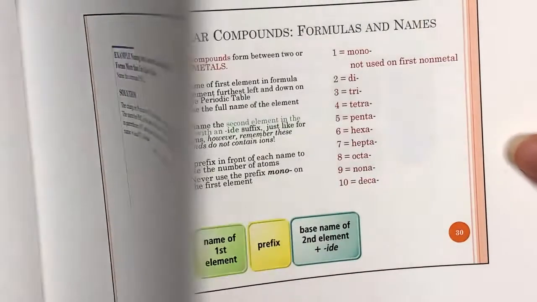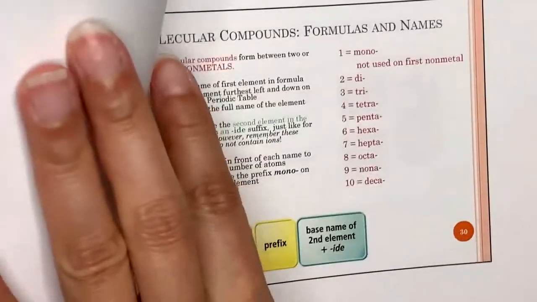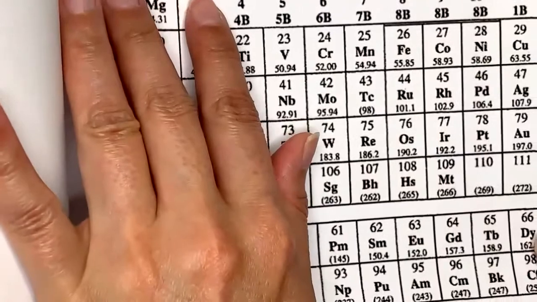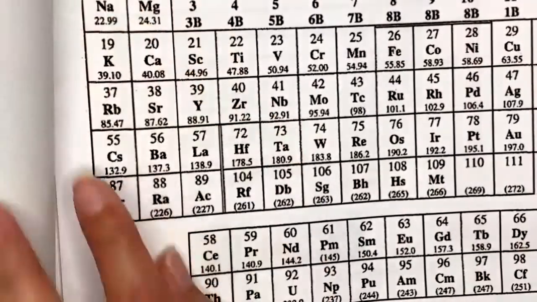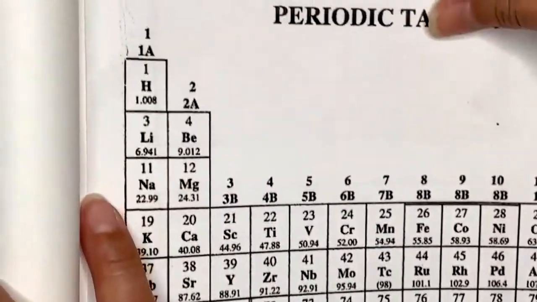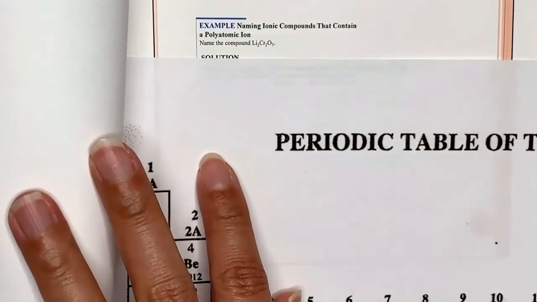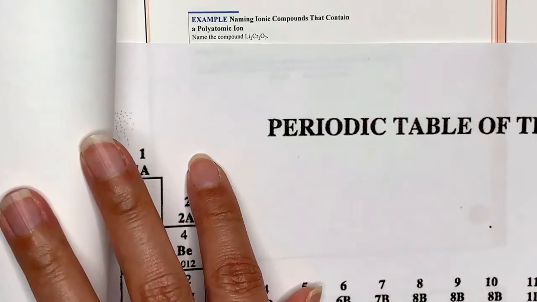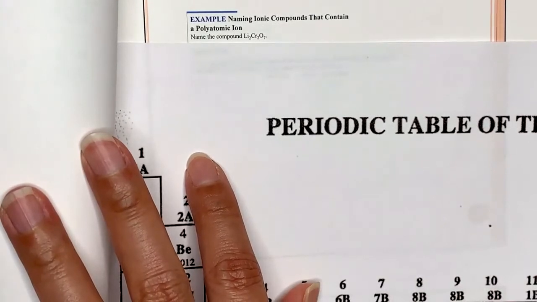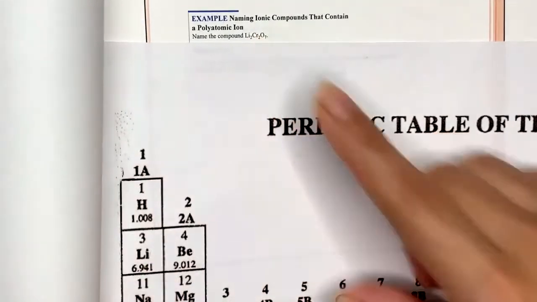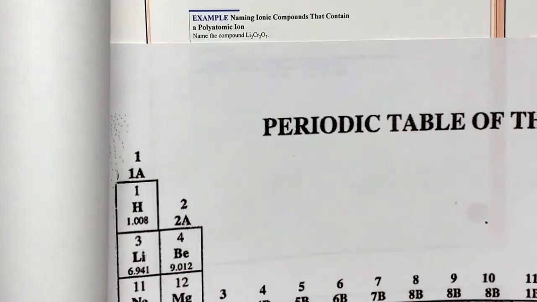All right, let's do more naming. Now we want to talk about naming for a polyatomic ion. Well, this one we're going to let you cheat a little bit because you don't have it memorized yet, right? So let's take a look. It says Li2Cr2O7. So now you have to look for the name for Cr2O7. You have to recognize that that was a polyatomic ion.